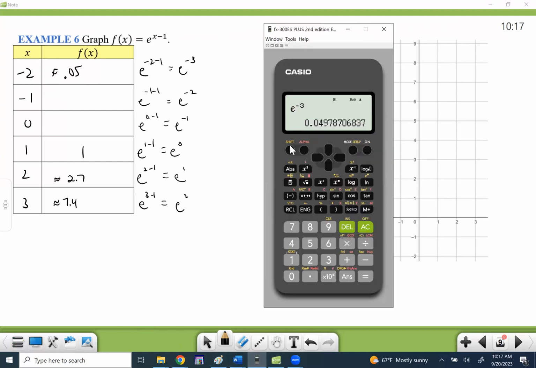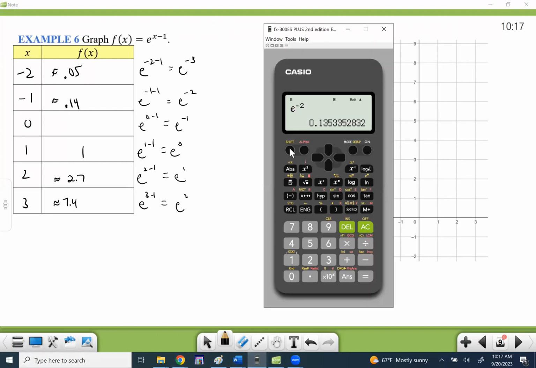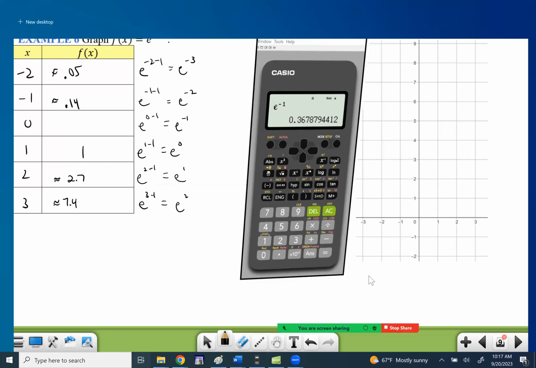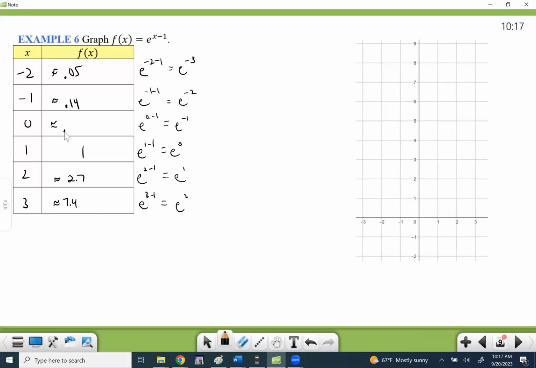All right, e to the -2. 0.14. That's really small too. E to the -1. 0.37. Okay. So I'll try my best to graph this.